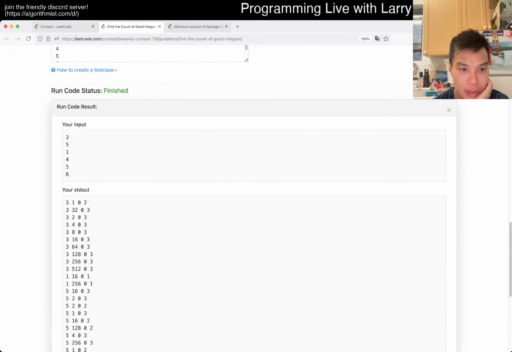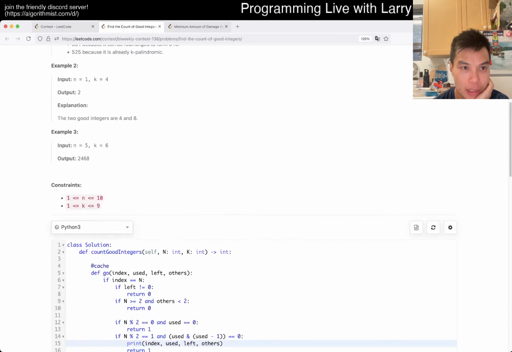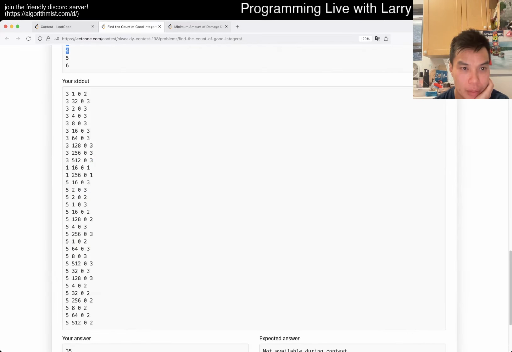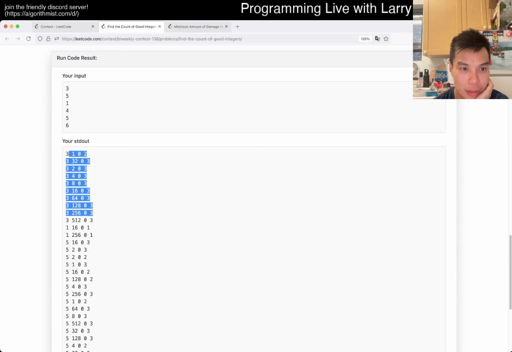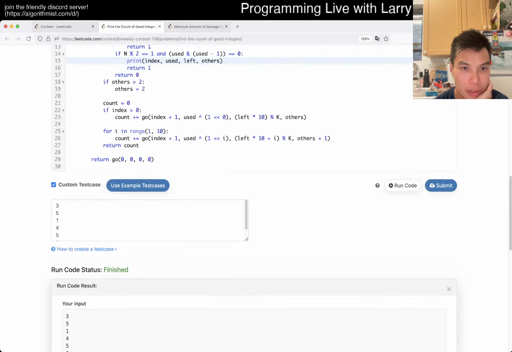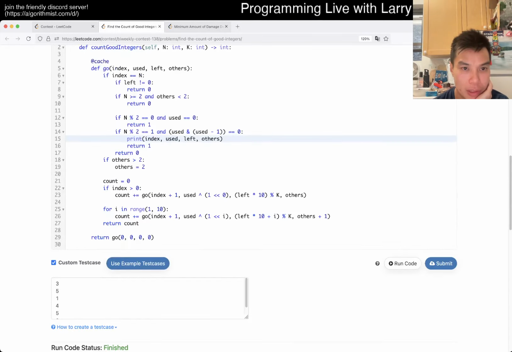So we have other stuff, right? We don't even care about the n is equal to 1 case yet. What the hell is this 27? So we have the middle digit can be 0, so that's what this is. And other digits are 2, right? So that's good. How did I get 35 from this though?